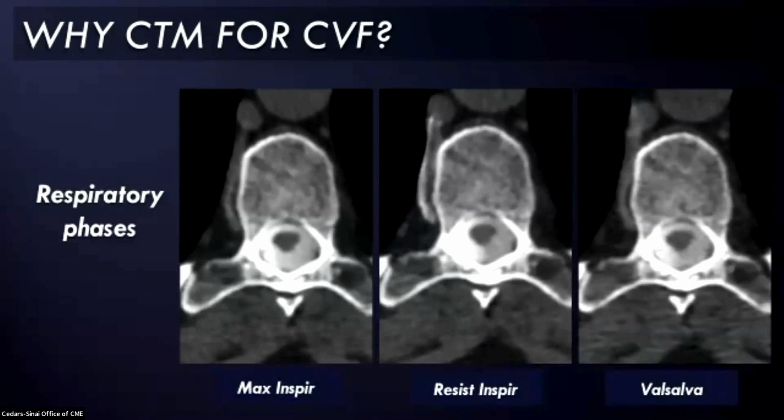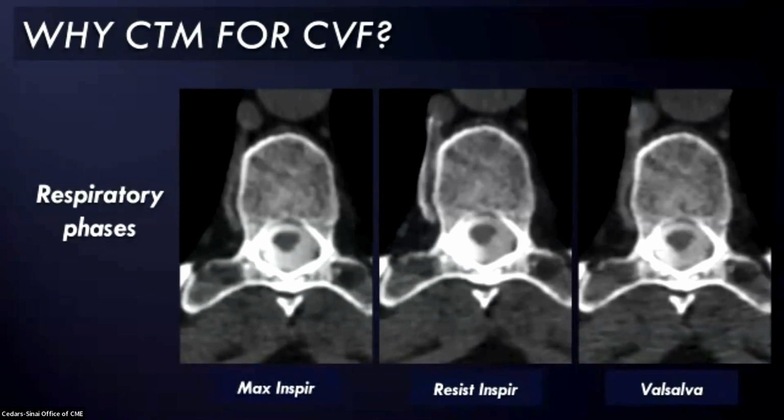And then finally, we're learning some interesting things about respiratory phases. This is from a paper that was just published, I think, earlier this week in the AJNR, looking at the effect of different respiratory phases. So this is the fistula on maximum inspiration. This is using a technique called resisted inspiration, where they suck in through a straw, essentially.